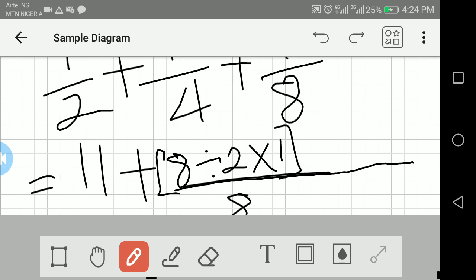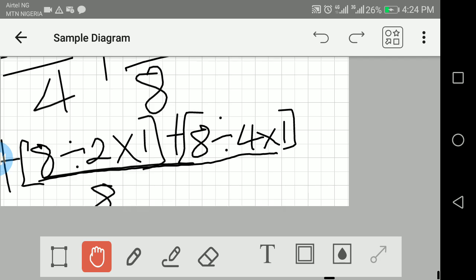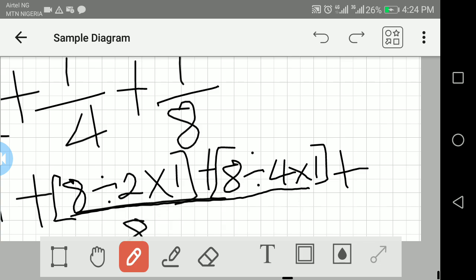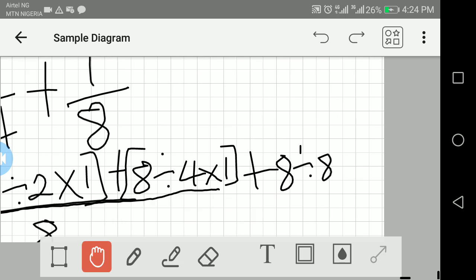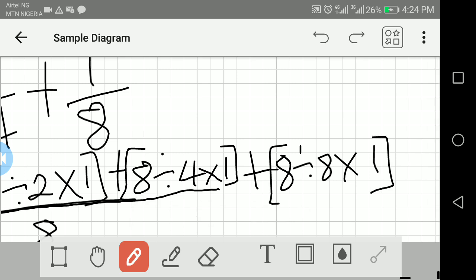So we have the same thing plus 8 divided by 4 times 1, close bracket again, plus 8 divided by 8 times 1, close bracket. All right, so this is it, the division sign.